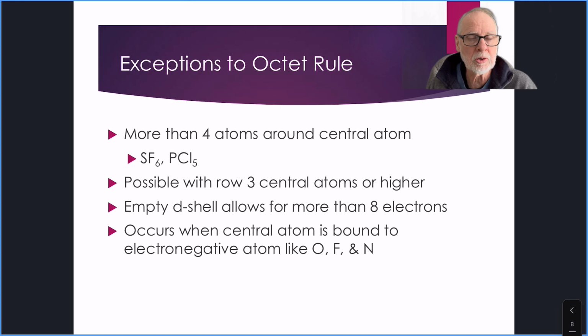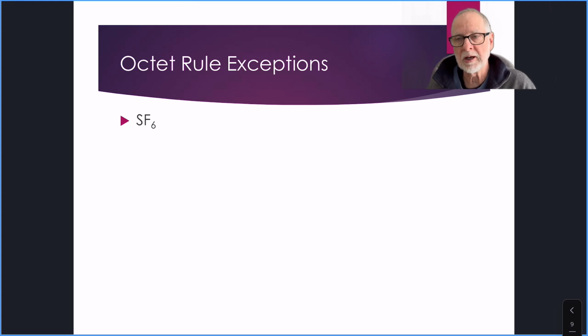And under those circumstances, when we have 3d or 4d orbitals, we've got a situation where we could exceed the magic number of 8 electrons. So let's take a look at a specific example of sulfur hexafluoride.